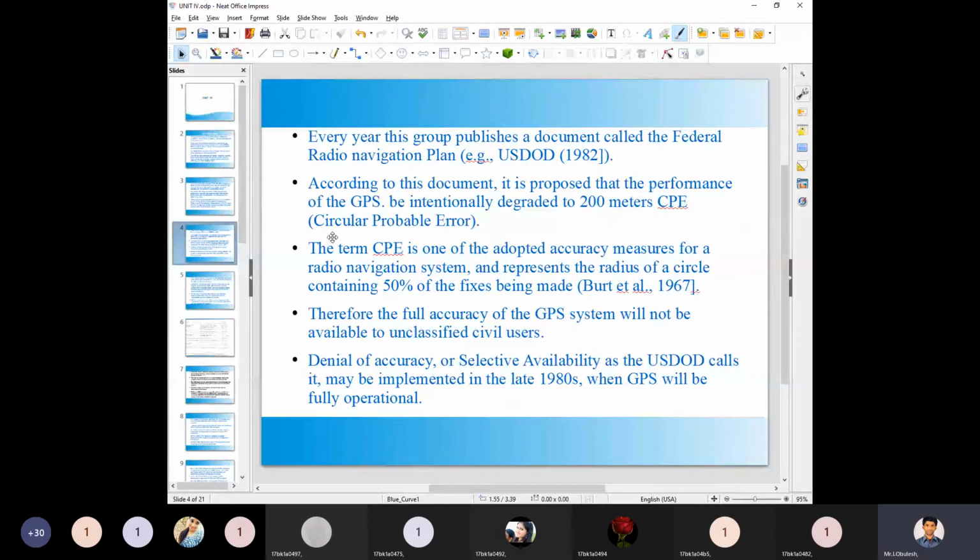The term circular probable error is one of the adopted accuracy measures for a radio navigation system and represents the radius of the circle containing 50% of the fixes being made. The name of the scientist is Burt et al., 1967.